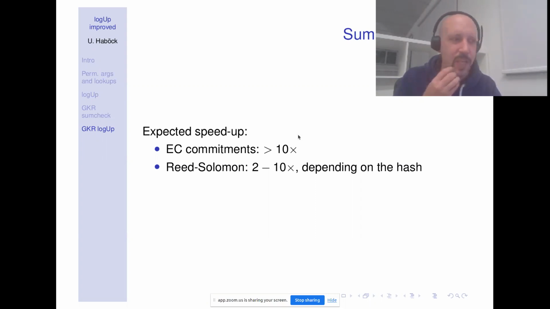When going to STARKs, it's a bit more difficult to answer, because the commitment cost very much depends on what type of hash you use. But committing means not just hashing. For Reed-Solomon, you first need to compute the interpolant and evaluate it over the entire sampling domain.